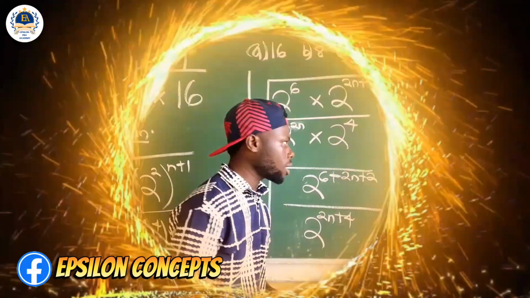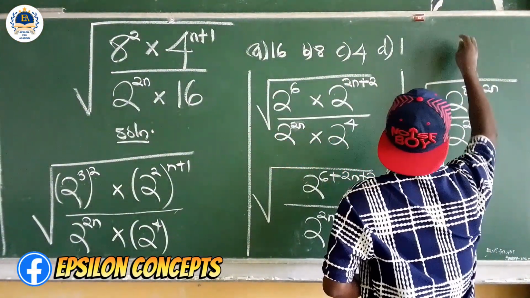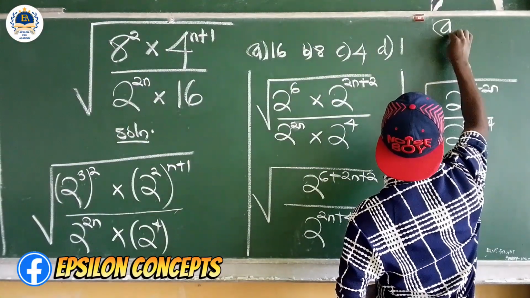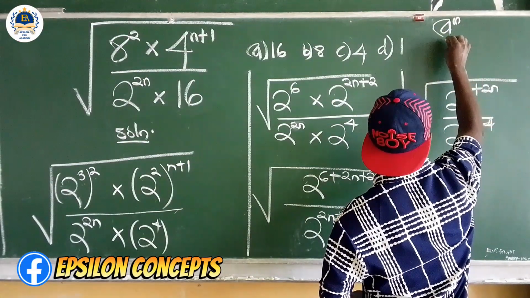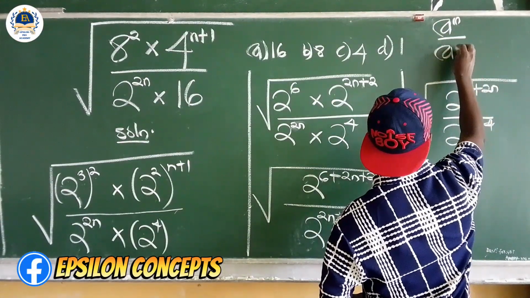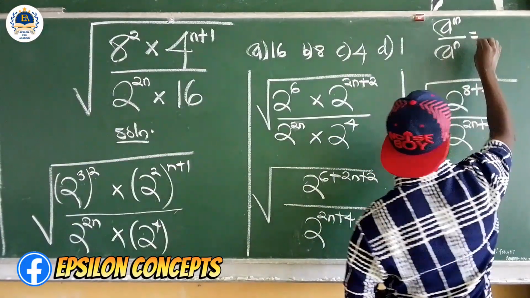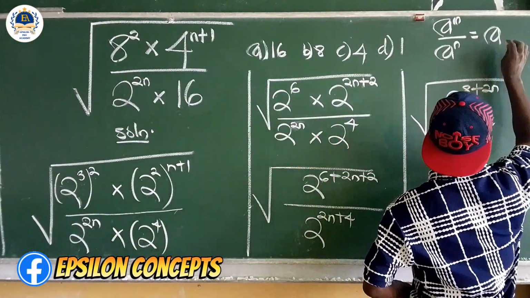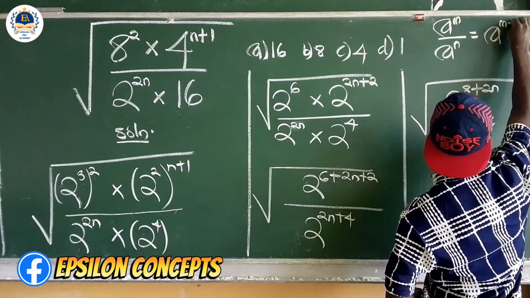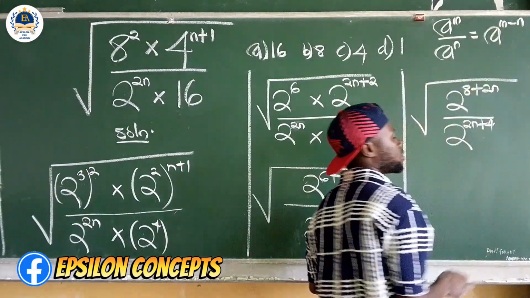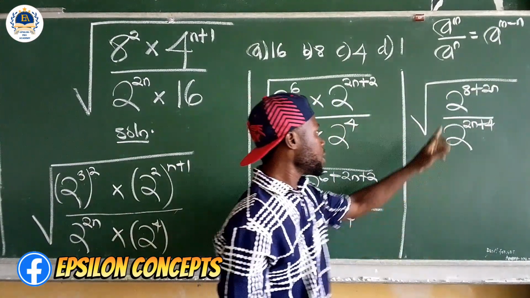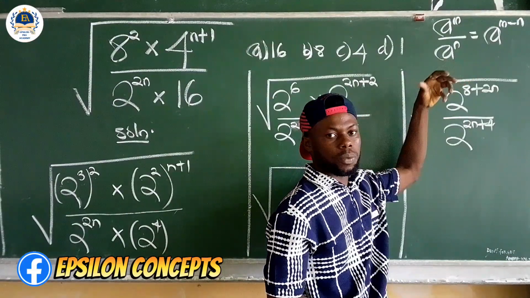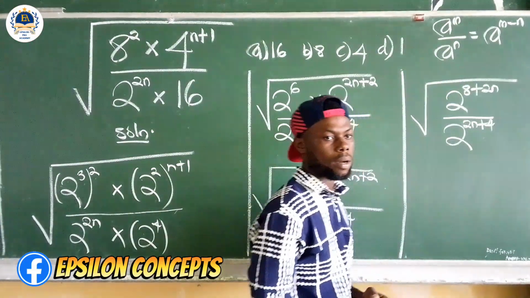Again, let us record that according to the division law, if we have a raised to the power of m divided by a raised to the power of n, the result is equal to a raised to the power of m minus n. Provided the bases are the same, we subtract their index or power.